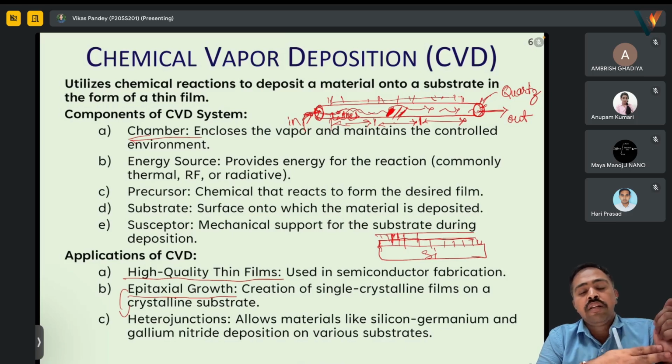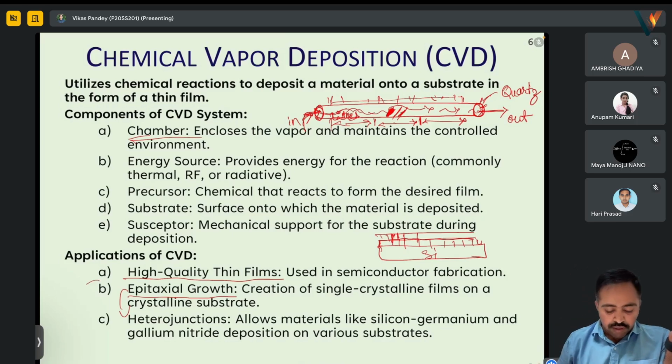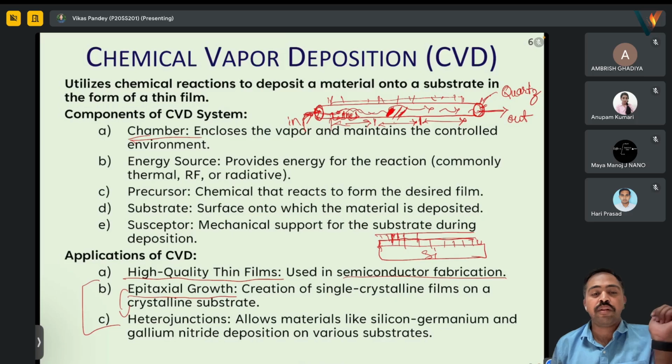Nowadays, high electron mobility transistors are being made out of this. So these are two important applications.